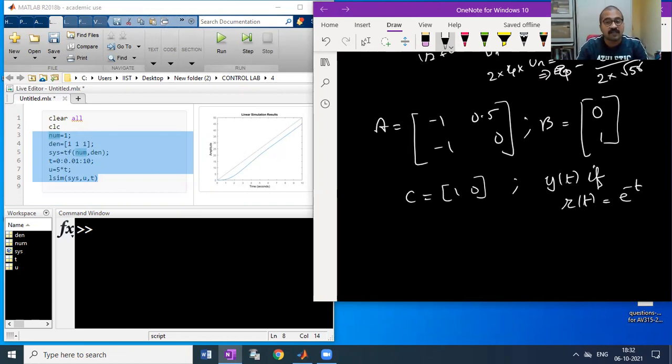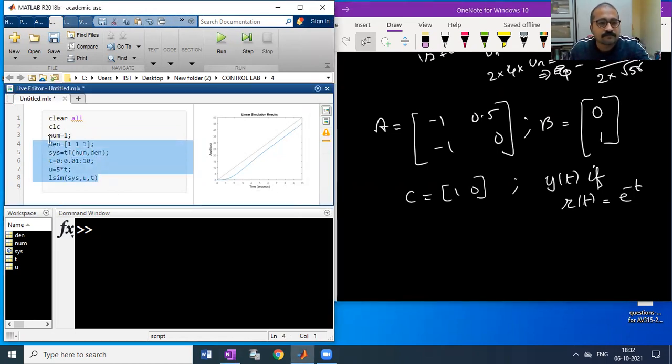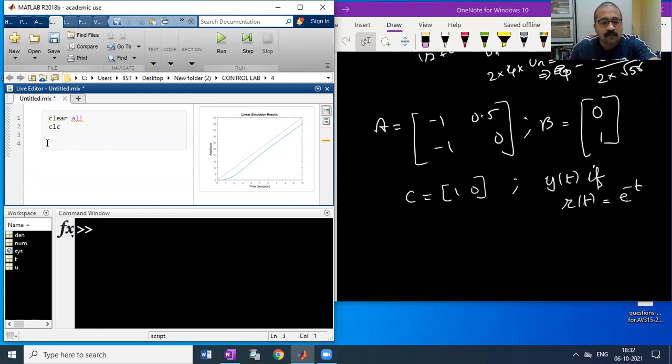What is to be done? Again, we need to make use of the command lsim or lsim plot. Both are one and the same. So we need to define these things. Let me delete this and now define A, B, C. Matrix A is -1 space 0.5 semicolon, and semicolon will indicate that it's the next row, -1 space 0.